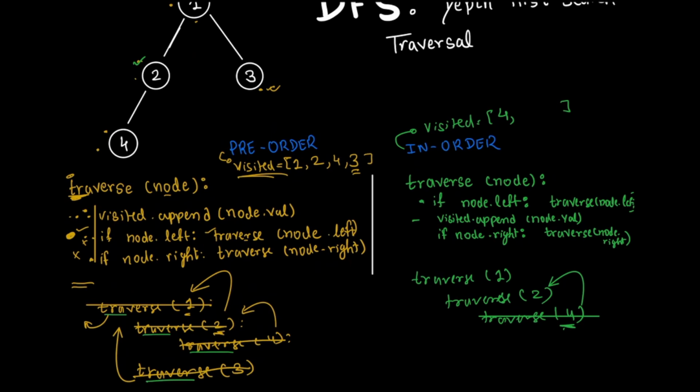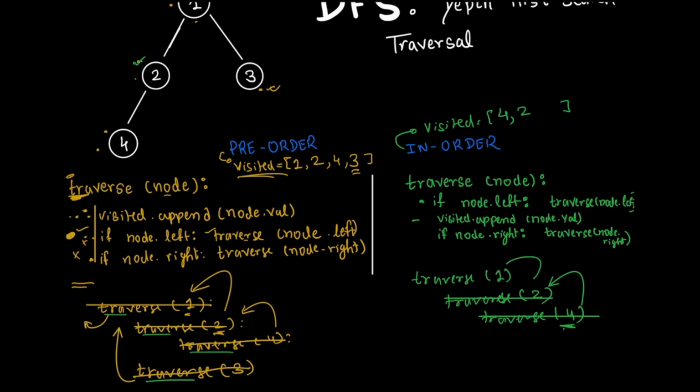So the second line is to append the node value to the visited list. So I will append that, and we are at 2, so I am appending that. And then I will check if there is a right child to this node. No, it's not there. So we are over with this also, and we come out of it.